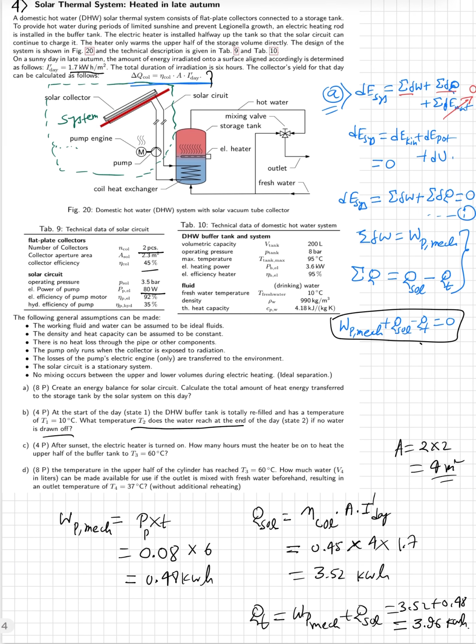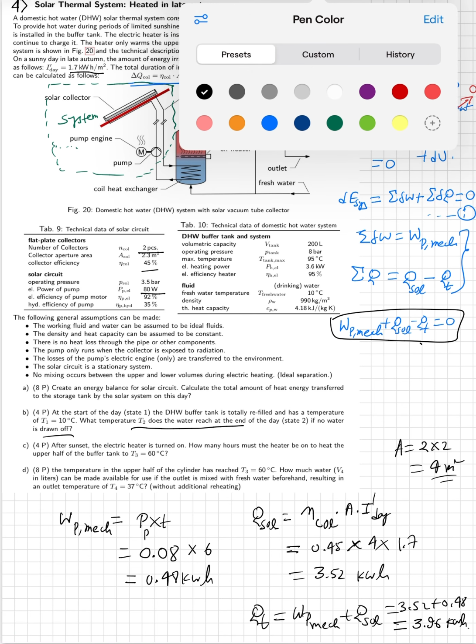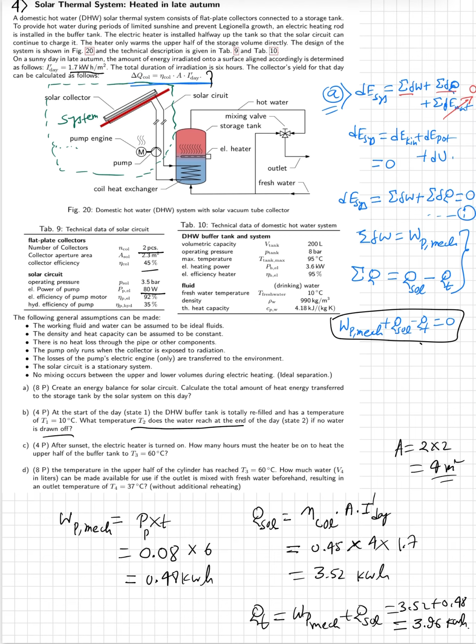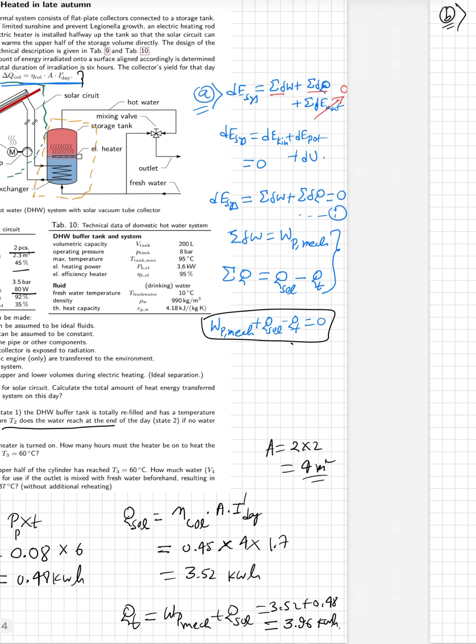So I am going to mark it with orange color. So this is my system here in the second question. So it's the storage tank and the water.